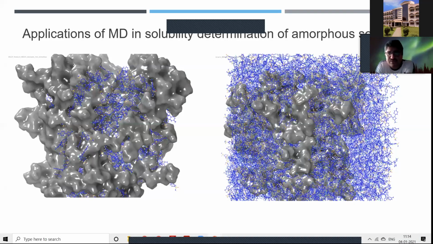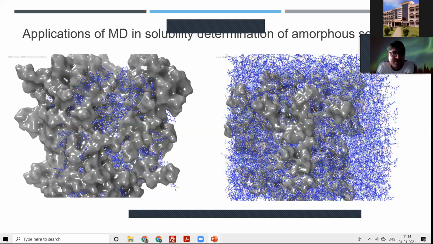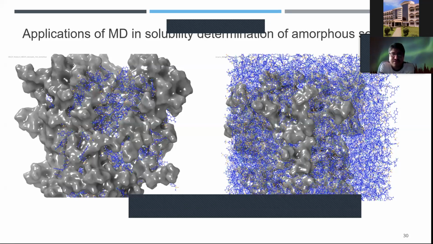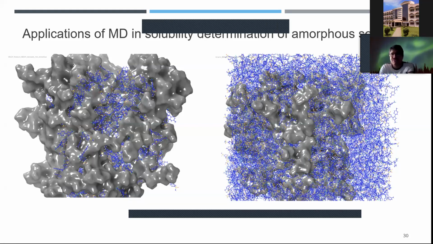This is our ongoing study, where we are determining the solubility of the polymer and drug for amorphous solids. You know that a number of drugs are not soluble in water, and there are some good candidates, like ibuprofen-like drugs, which are very poorly soluble.